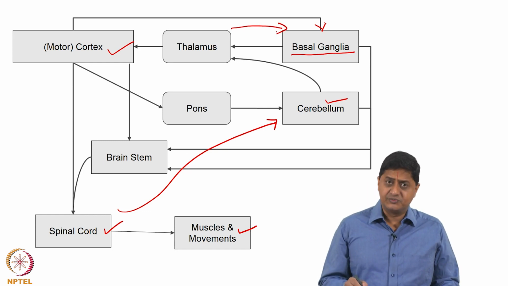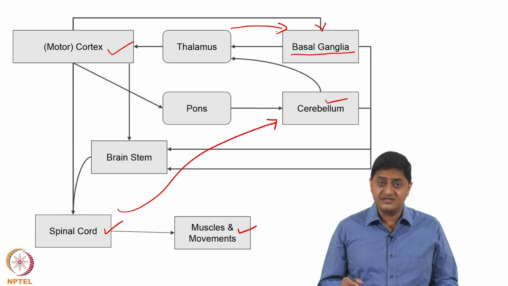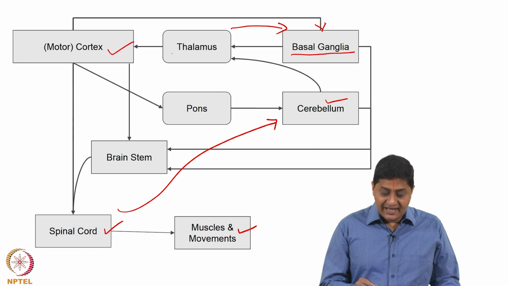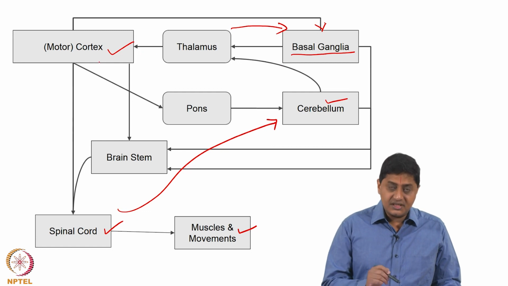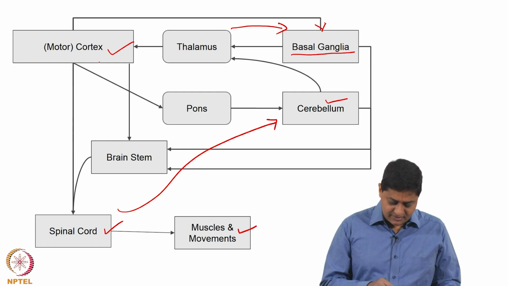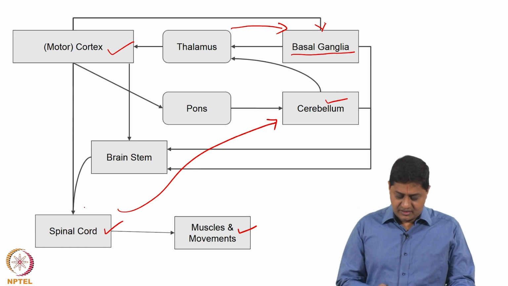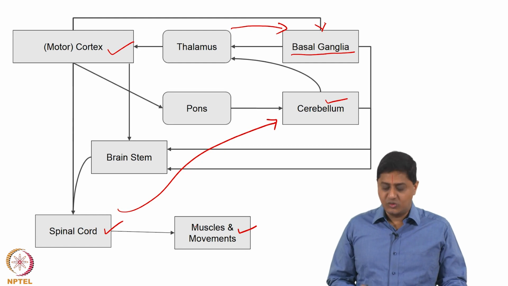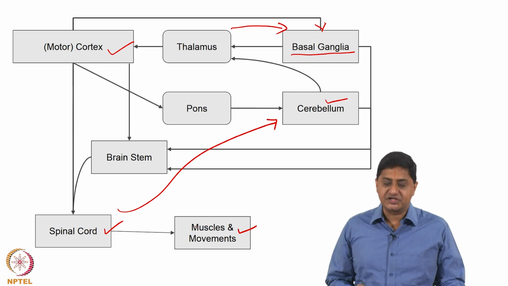Basically, thalamus receives inputs from multiple structures. So, basal ganglia receives inputs from multiple structures, primarily from cerebral cortex, and it outputs to the thalamus, and through the thalamus it outputs to the cortex, and from cortex there is modulated output going to spinal cord, which then controls or gates movements and muscle function.